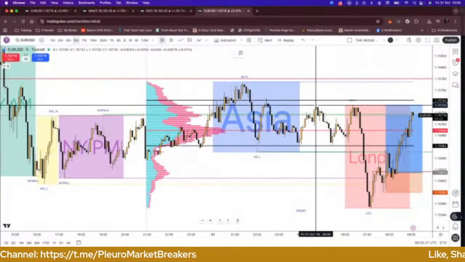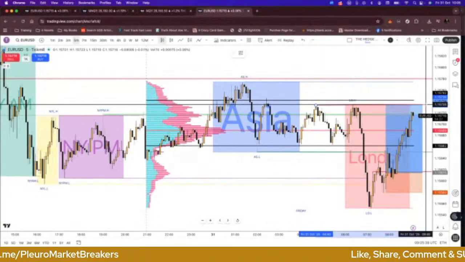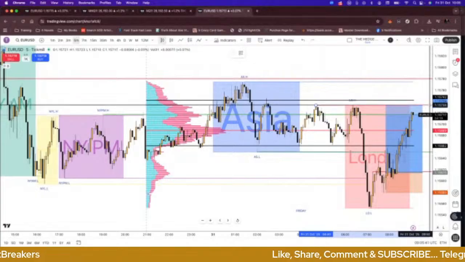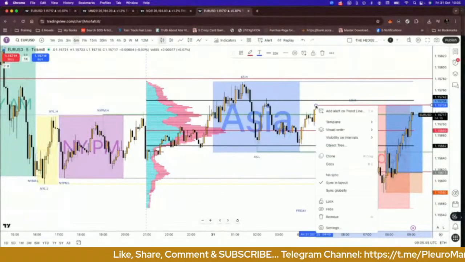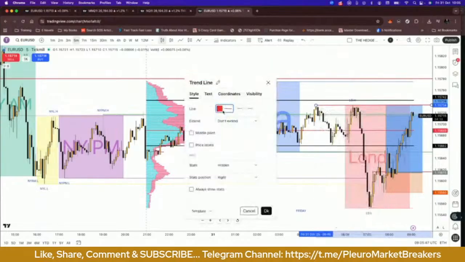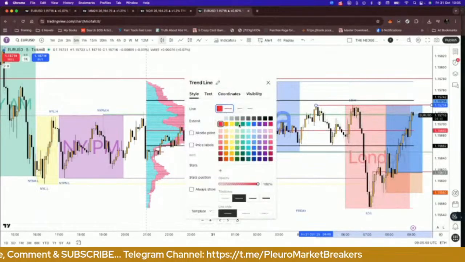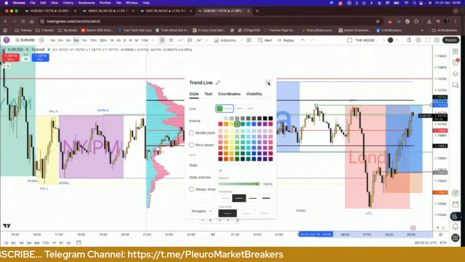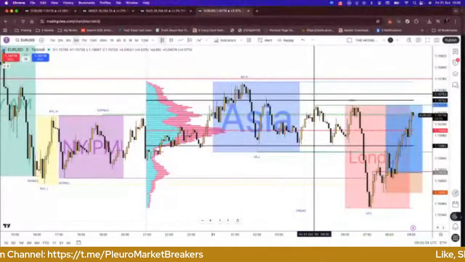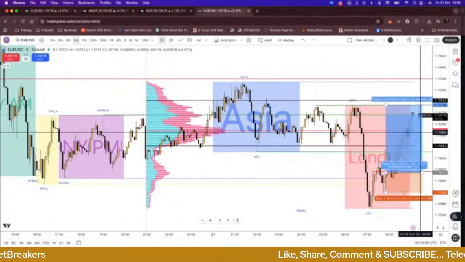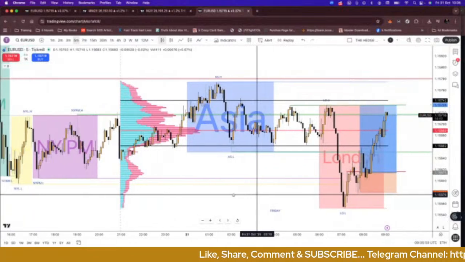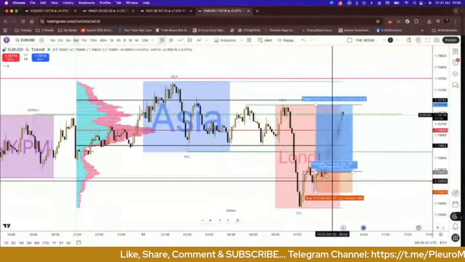See, it's a double high with the high that formed in between Asia's open and London's open. So yes, that would have been a good trade to be in.